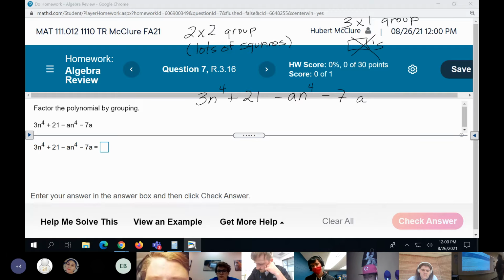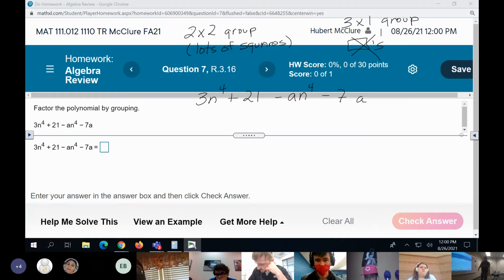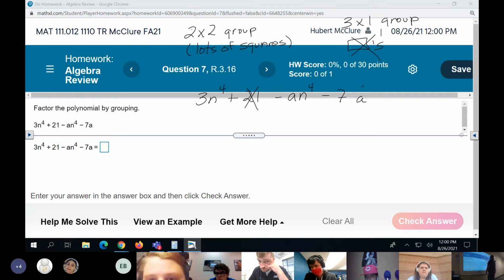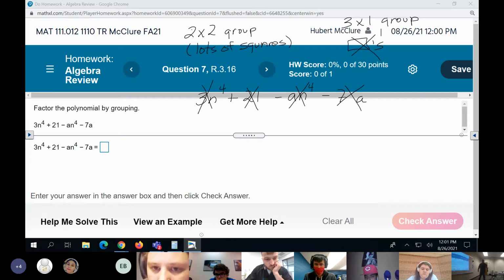So if I've got a lot of squares, then I'm going to think about a 2 by 2. But I do not have a lot of squares. Why? This is not a square. That's not a square. This isn't a square. Technically, this isn't a square. So I'm going to do a 2 by 2 on this one.